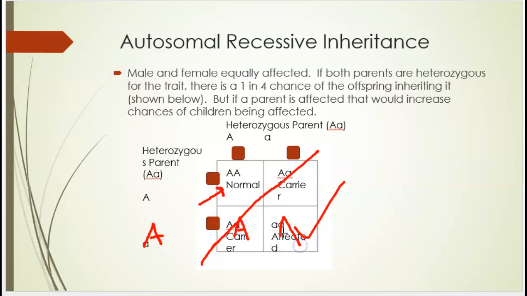This would now become a carrier, and this one would stay a carrier as well. So not to blow your mind, but in order to have an affected child, both parents would have to have the recessive trait. Just as a side note.